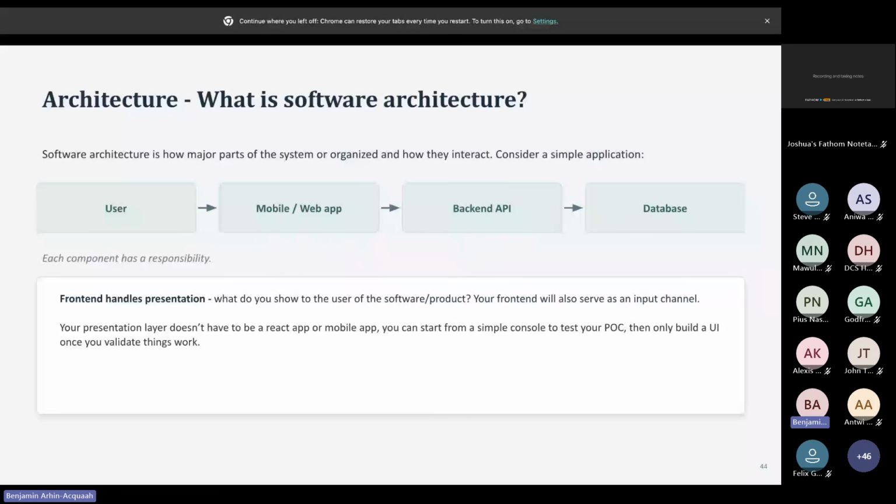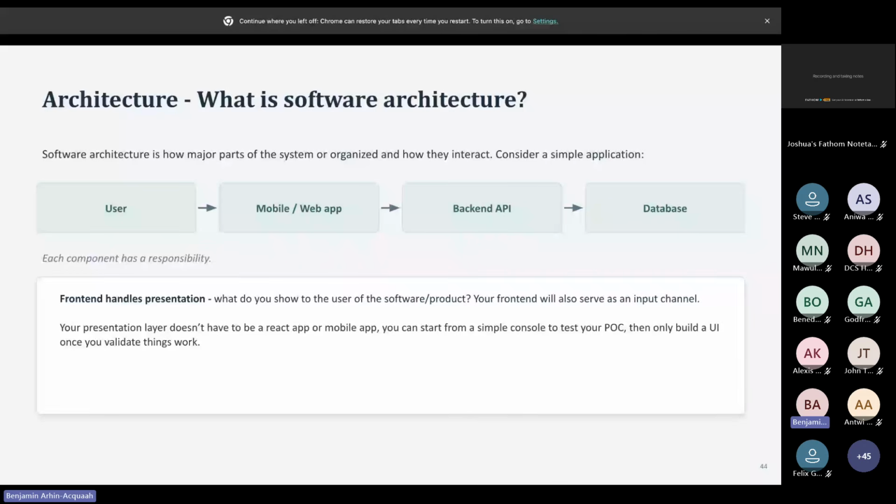However, if you are thoughtful about architecture in the beginning and come up with a good architecture, you can have a product that really evolves without breaking anything.